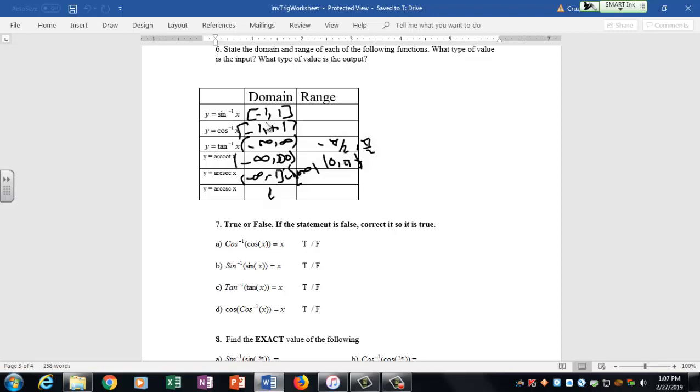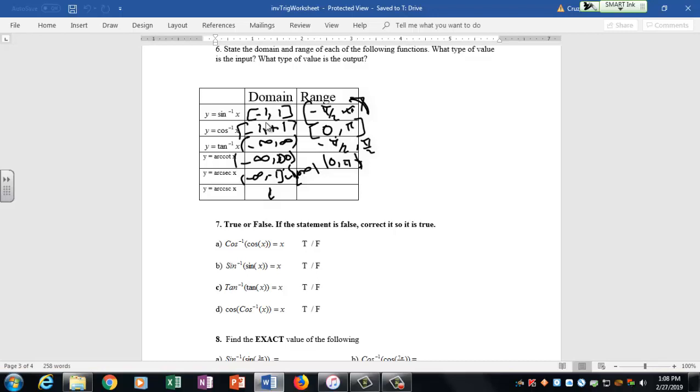For arc sine, the range is negative pi over 2 to pi over 2. Those are brackets. For arc cosine, it's 0 to pi. Those are brackets.